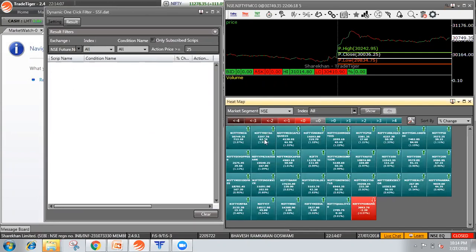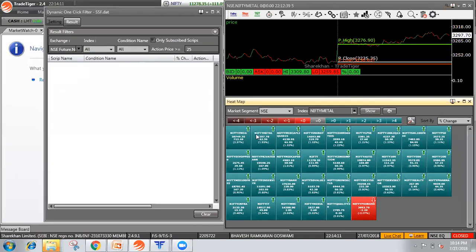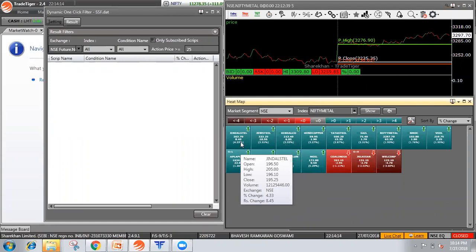Okay, I'm taking right now. These are the three good sectors. I will go inside the metal and see the Jindal Steel. If Jindal Steel is trading around 200, right now it's close at 203. If it's trading at 199, I will take a future at that time, at 200 or 199.9.